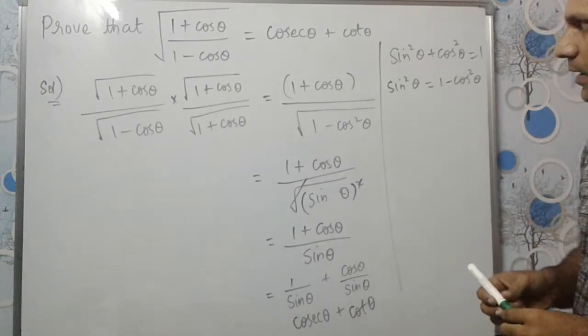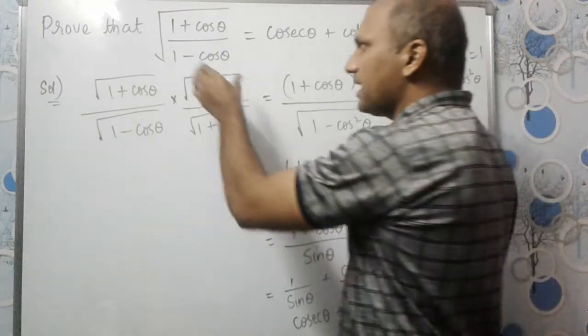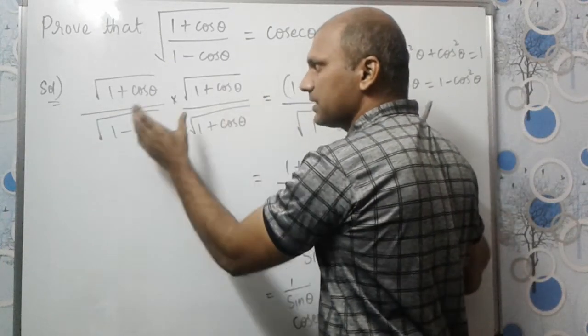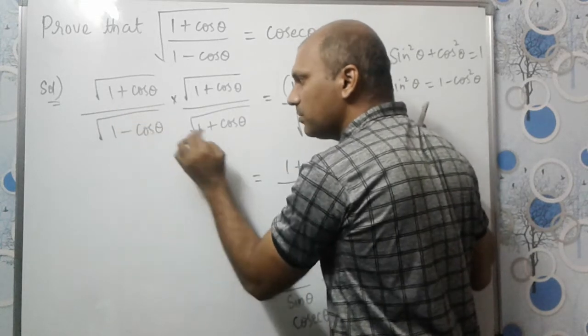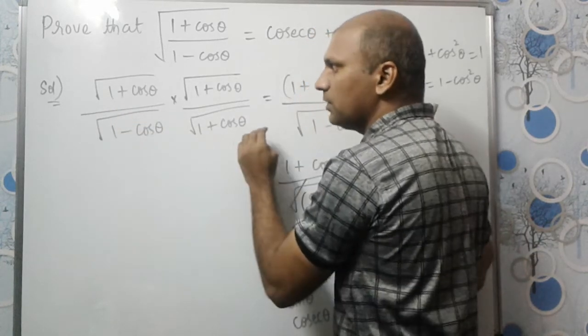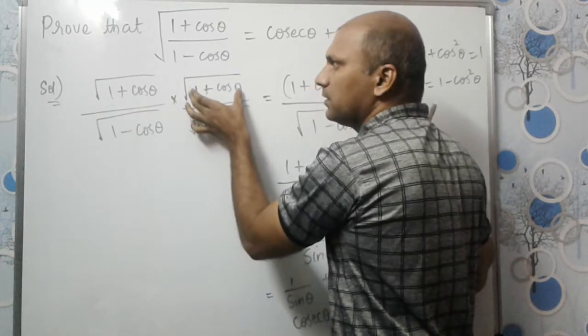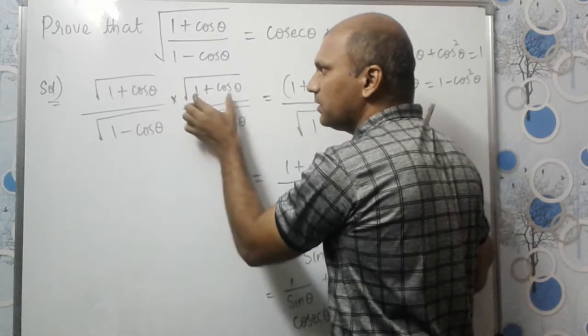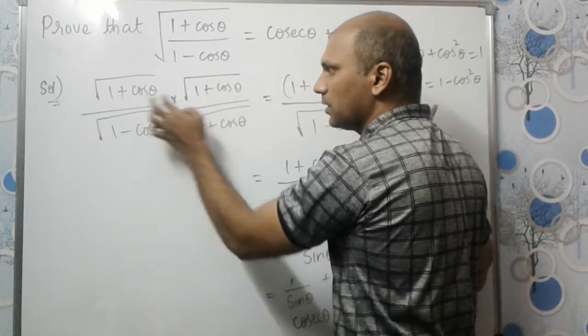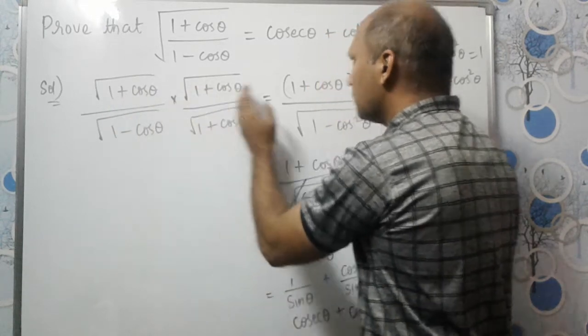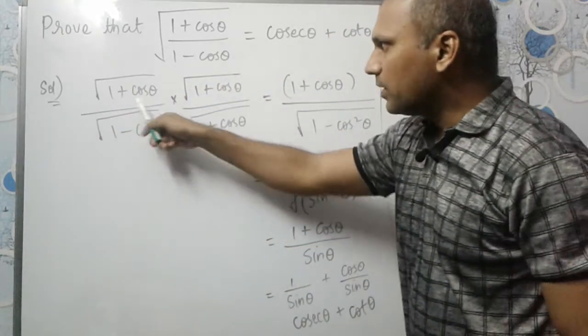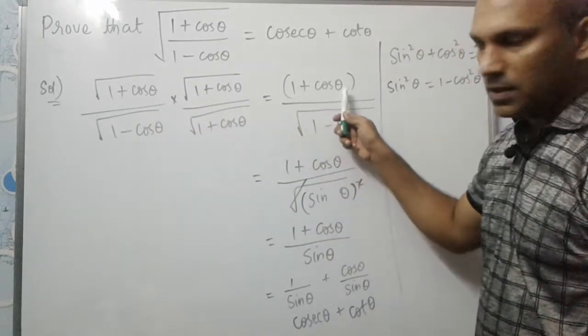So see what we did here. We rationalized the denominator. The rationalizing factor is the square root of 1 plus cos theta, so we multiplied and divided the given expression by it. Root 1 plus cos times root 1 plus cos is 1 plus cos.